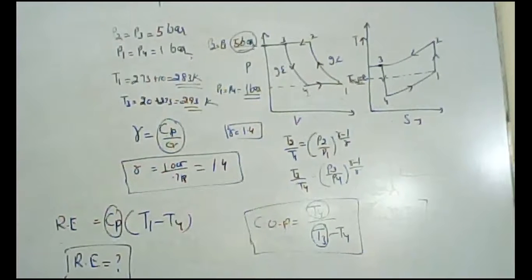Very good. So the value of COP comes out to be 1.713 and the value of refrigeration effect comes out to be 98.5 kilojoule per kilogram. Okay. So beta, everybody must solve it.